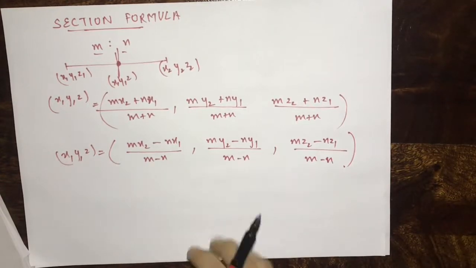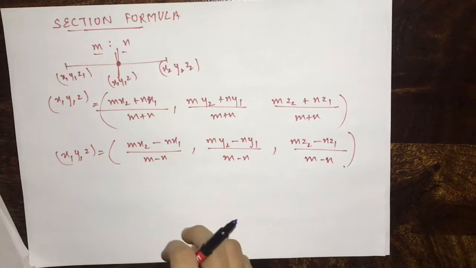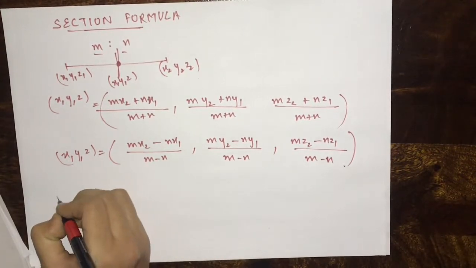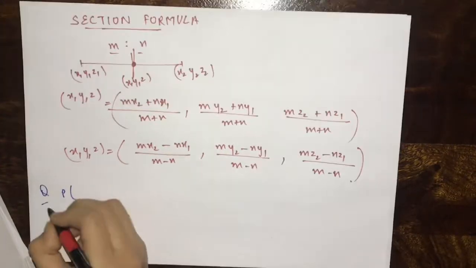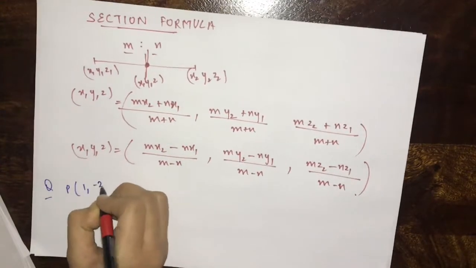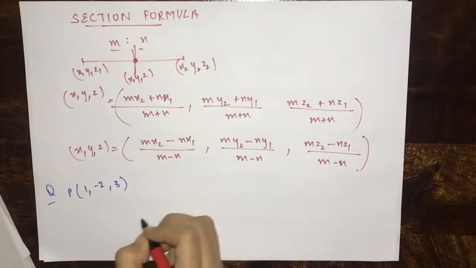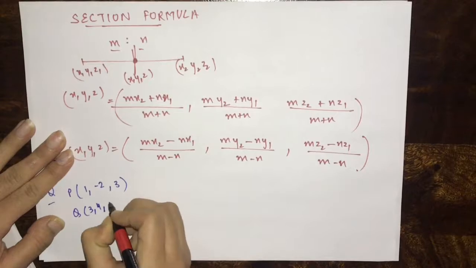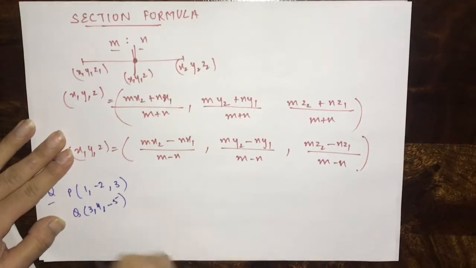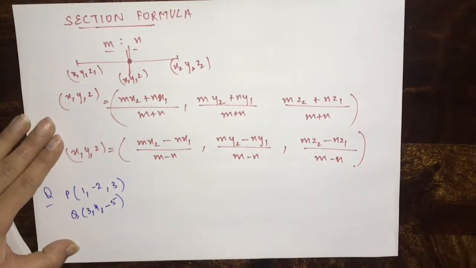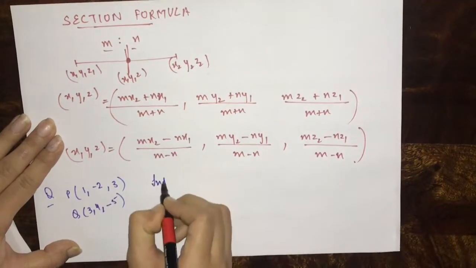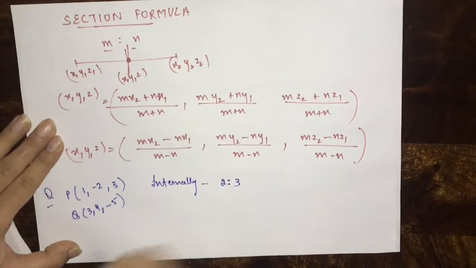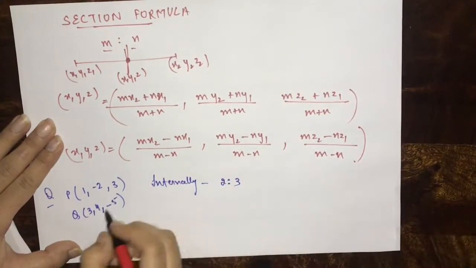So let's do one very simple basic question to make the point very clear to you. Suppose you have point P as 1 comma minus 2 comma 3, and a point Q which is 3 comma 4 comma minus 5, and this point is divided internally in ratio 2 to 3.